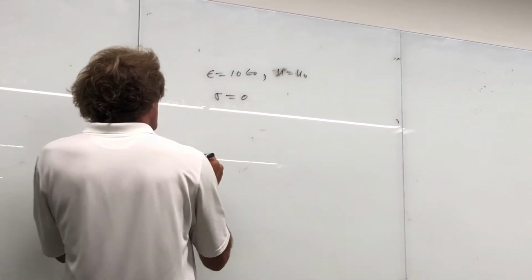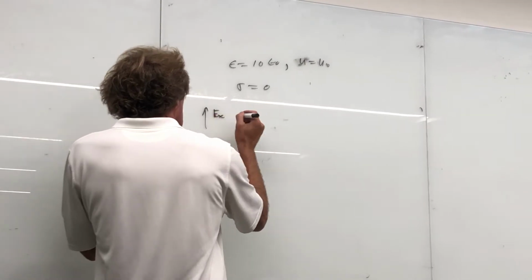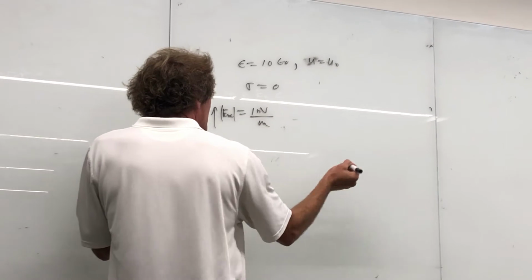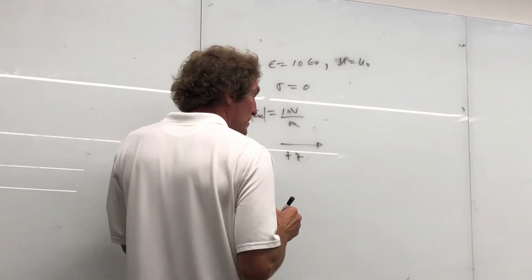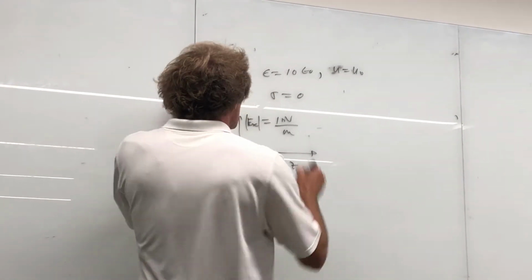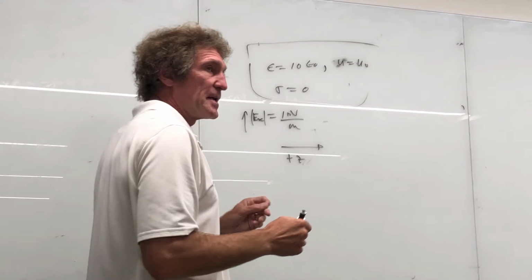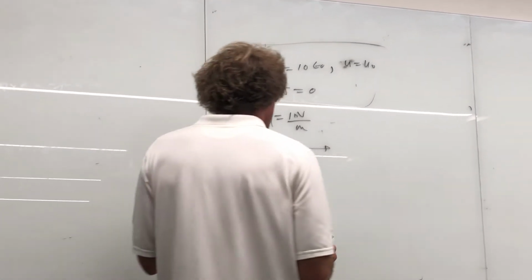I have an electric field in this media, in the x direction, with a magnitude of 10 volts per meter, and it's traveling in the plus z direction. I'm just giving specifics. This defines the media it's traveling in. This is the electric field's intensity. That's the direction z.